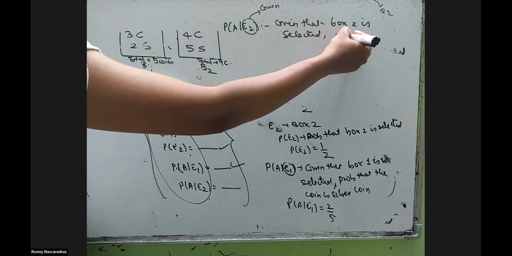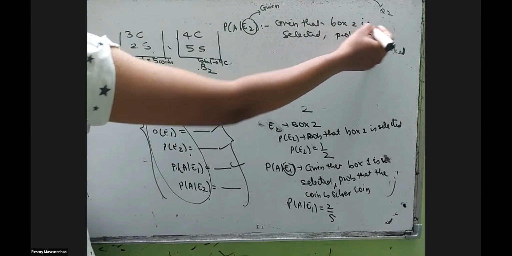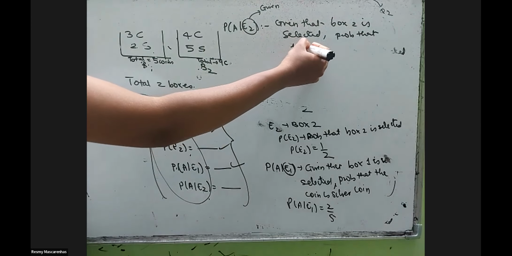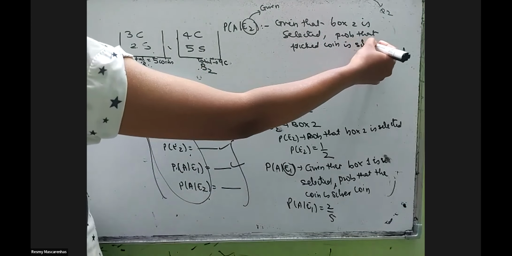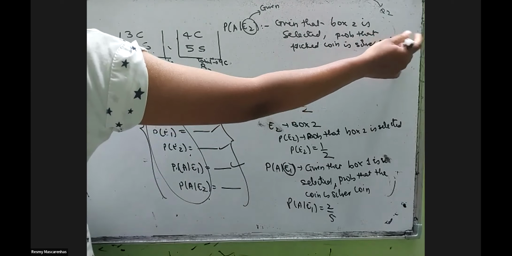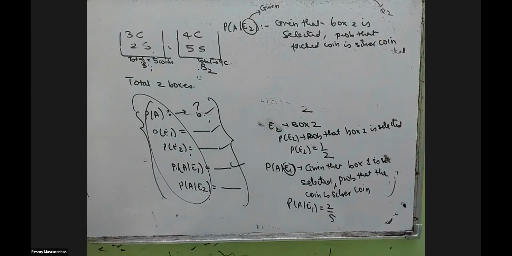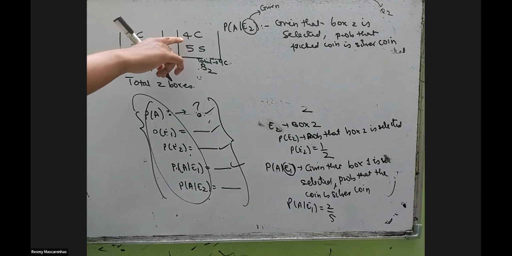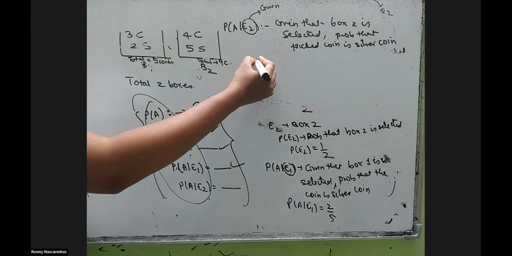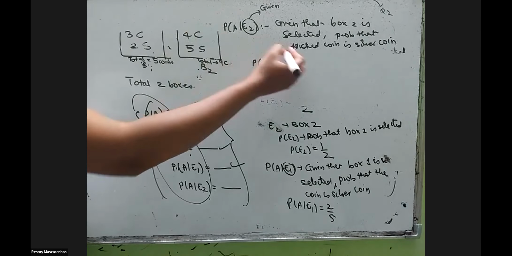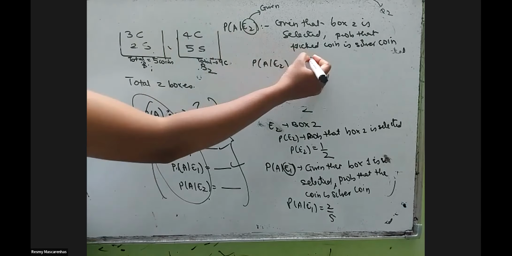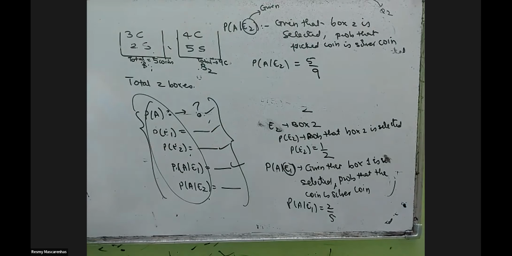The probability that the picked coin is a silver coin. So what will be the chances? If box 2 was selected and it's a silver coin, it was 5 out of 9. You're done with the data.